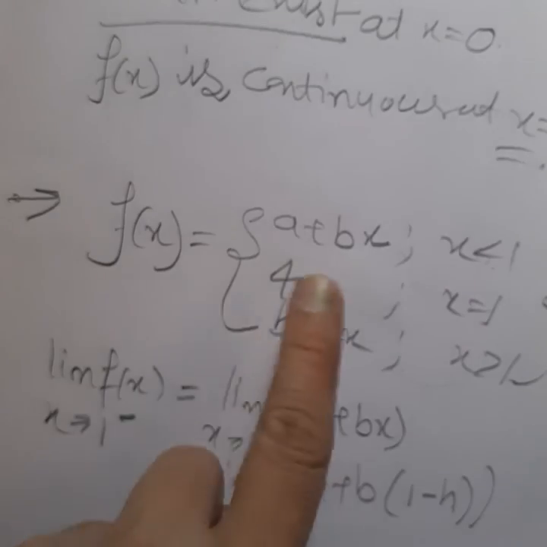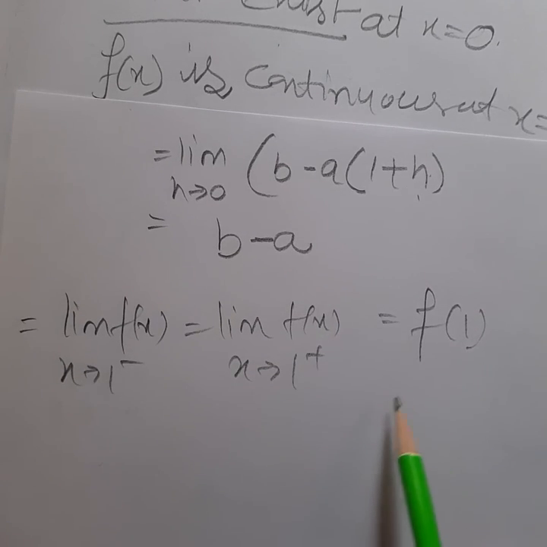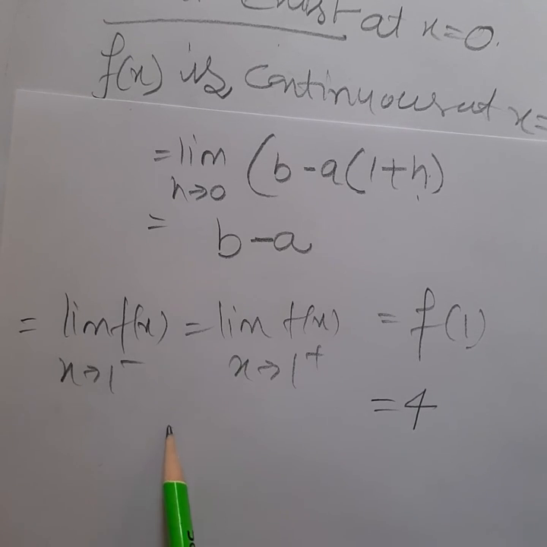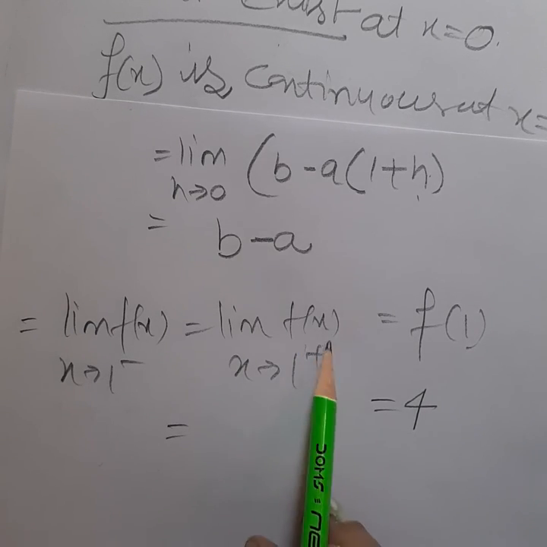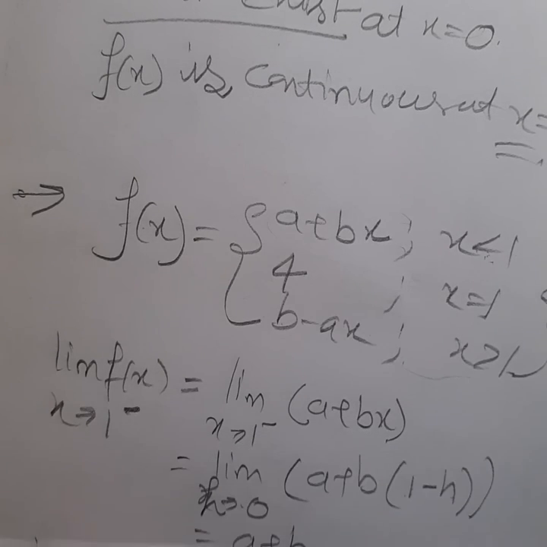So the value of f of 1 is 4. The limit as x tends to 1 positive is b minus a, and as x tends to 1 negative we have a plus b. You can check that.